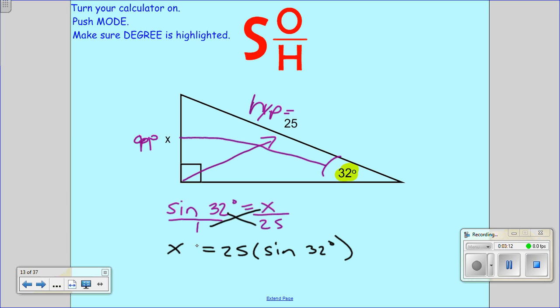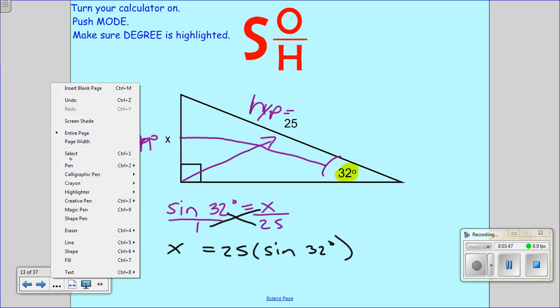Now, in this step, you have several options. But if you have a TI-84, or any TI graphing calculator, I would put this expression, 25 times sine of 32 degrees, in the calculator all in one step. If you don't have a TI calculator, like if you're just using a calculator on your computer, then you're going to have to find the sine of 32 first and then multiply that by 25.